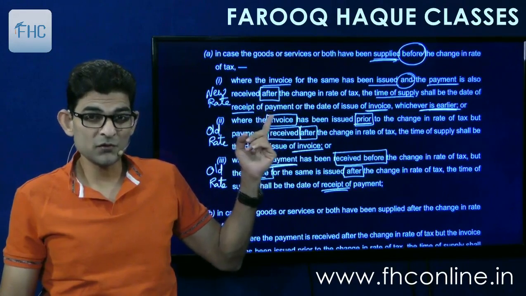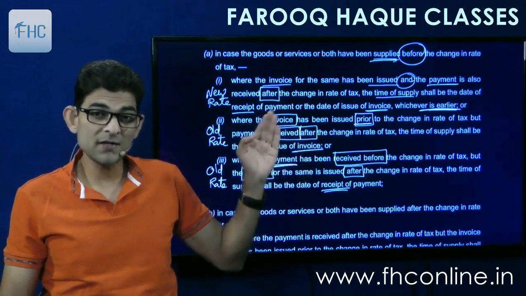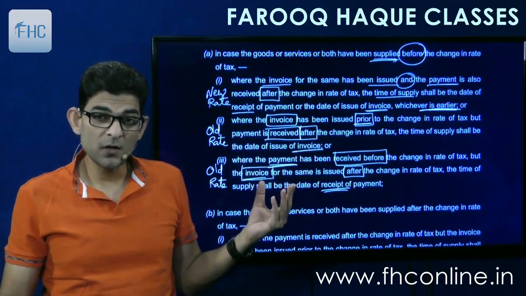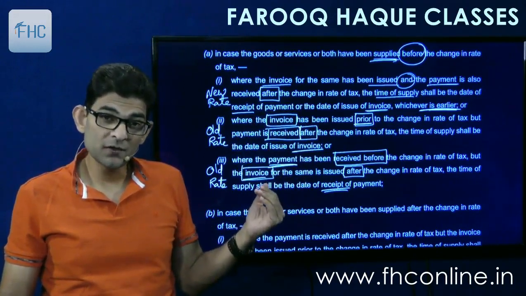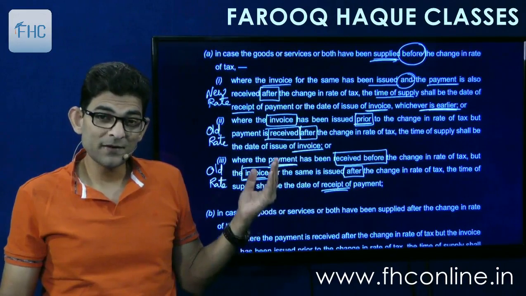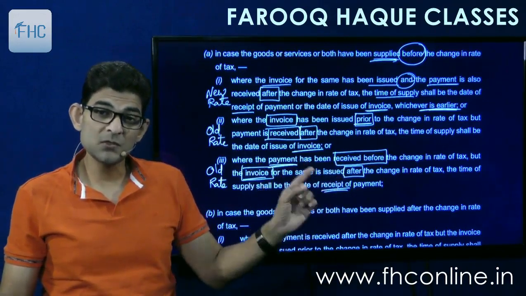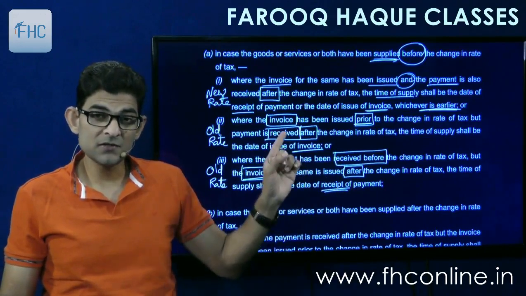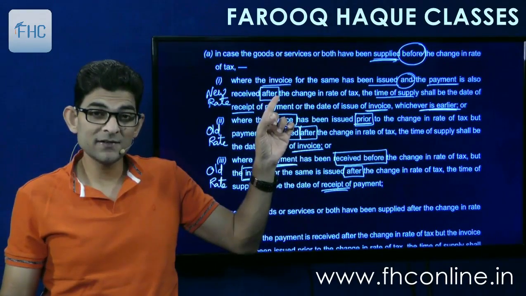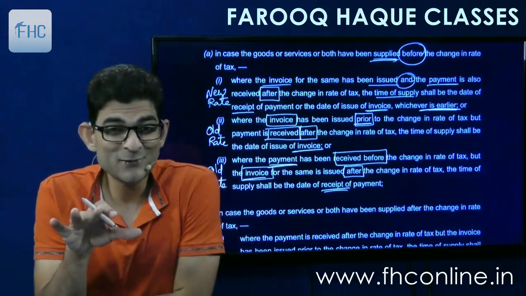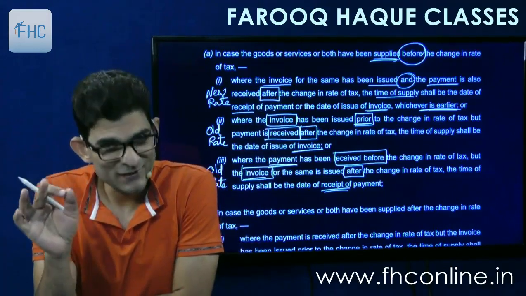And in this case, receipt is earlier, invoice is later on, so they have said take receipt. So in all the 3 situations, the common sense says whichever is earlier.